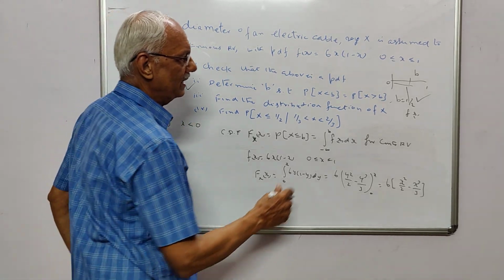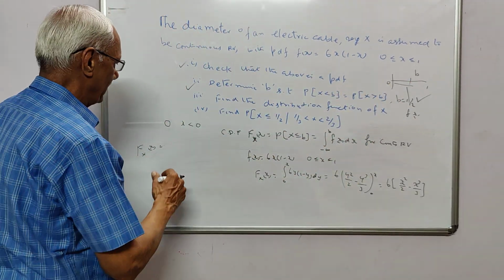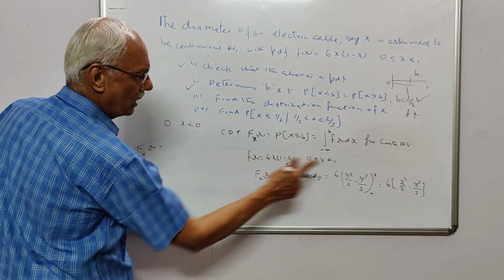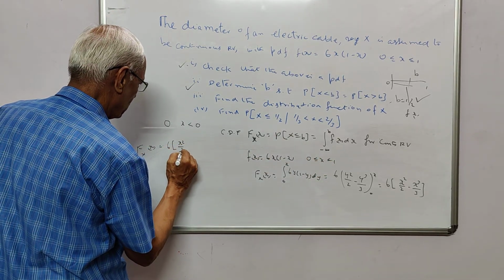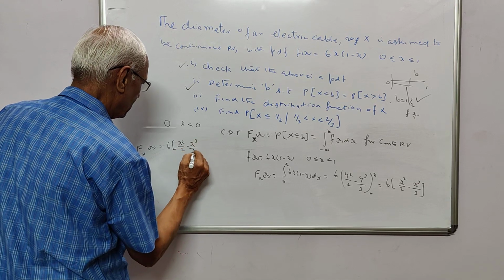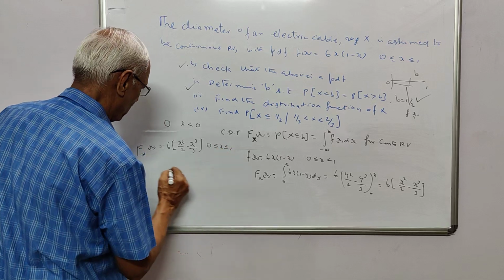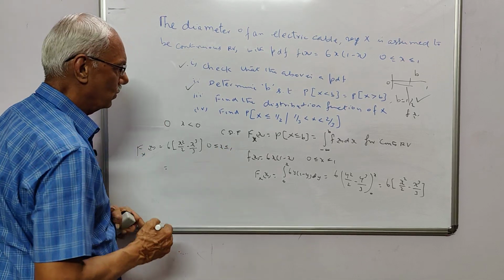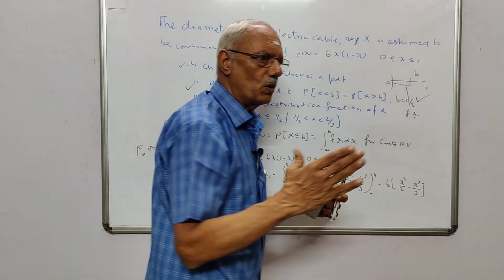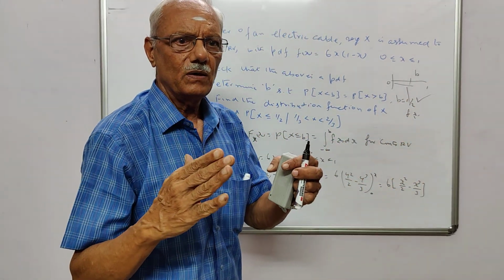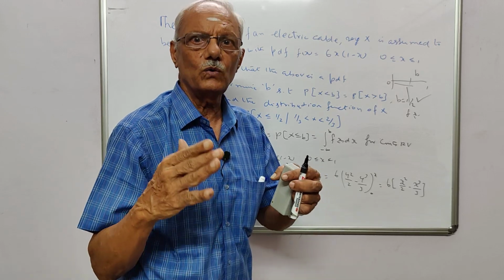For 0 to 1, it is 6 times (x squared by 2 minus x cubed by 3), for 0 ≤ x ≤ 1. After 1, what is the maximum value of probability? It can be equal to 1.